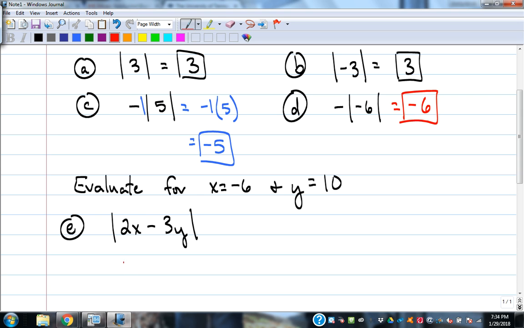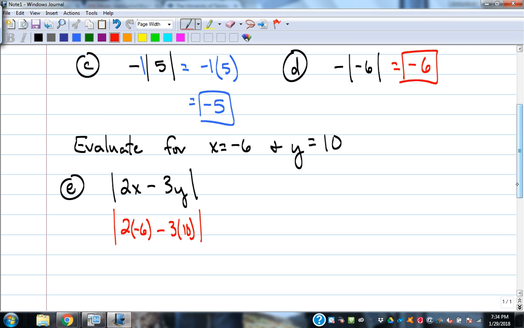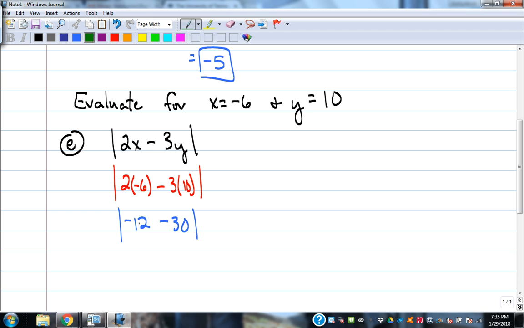Plug them in. 2 times -6, 3 times 10, and then we're going to take the absolute value after we're done. So do the work. 2 times -6, -12, minus 30, still inside the absolute value, and then -12 minus 30, -42, inside the absolute value. Now we can do the absolute value of that, which is 42. The order of operations still rules the roost in any math situation.